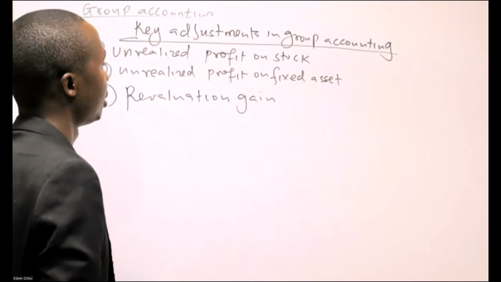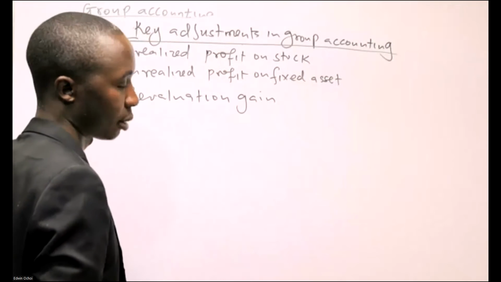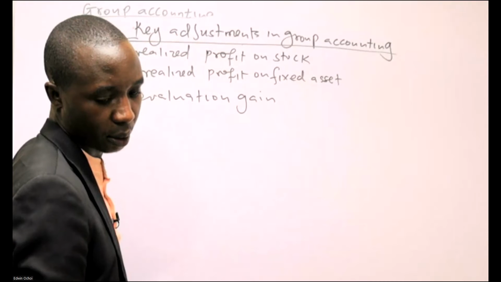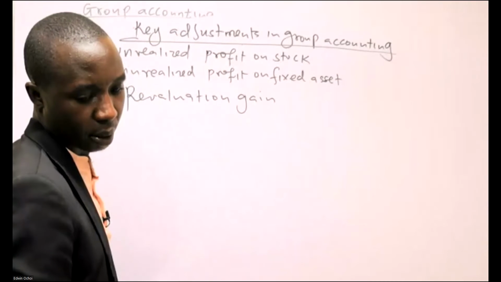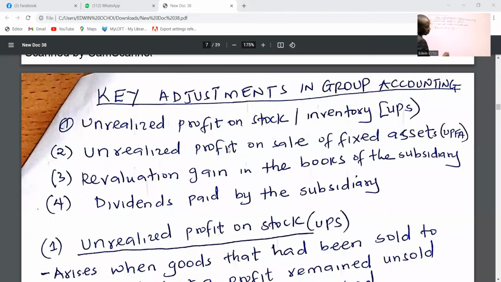Number four is all about dividends paid by the subsidiary.